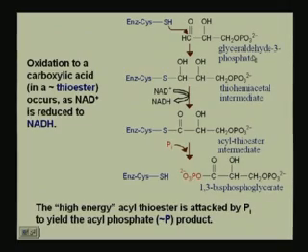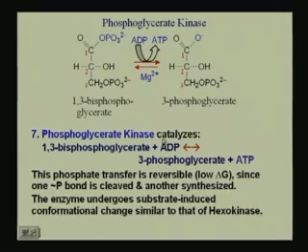So basically what we have here is, from glyceraldehyde 3-phosphate, with the help of this cysteine of the enzyme, we have the formation of a thiohemiacetal intermediate that then forms an acyl thioester intermediate, which then is attacked by pi that yields 1,3-bisphosphoglycerate and regenerates the enzyme. Okay. So, that is our step.